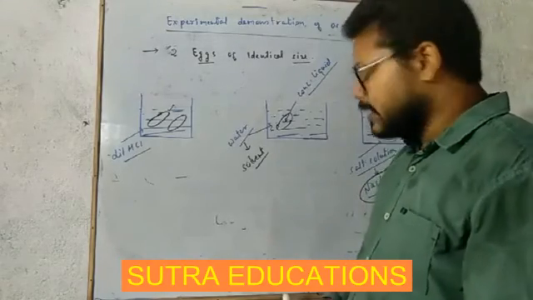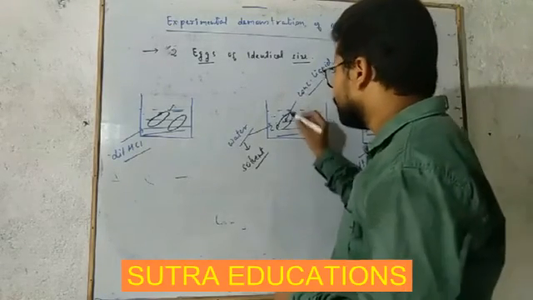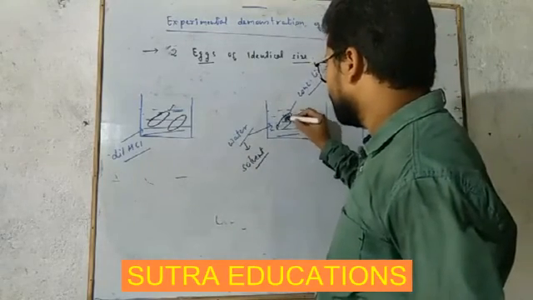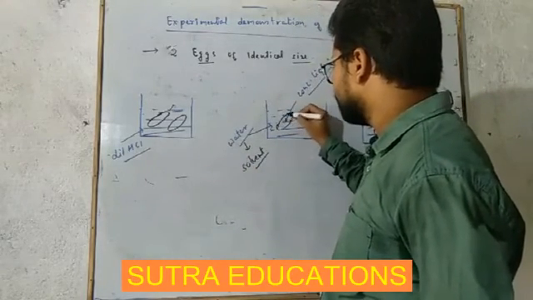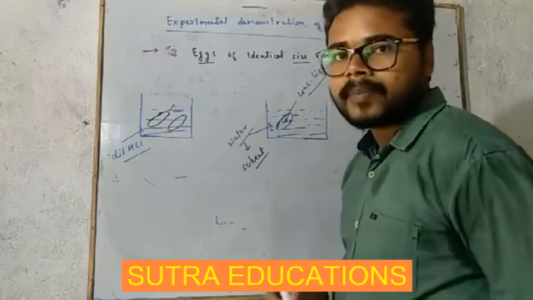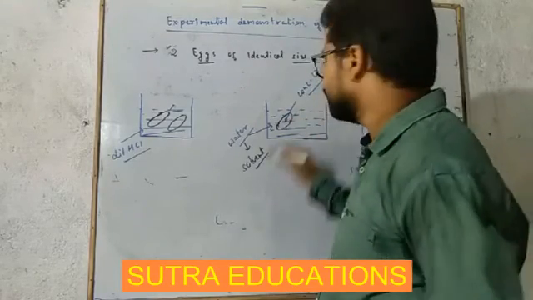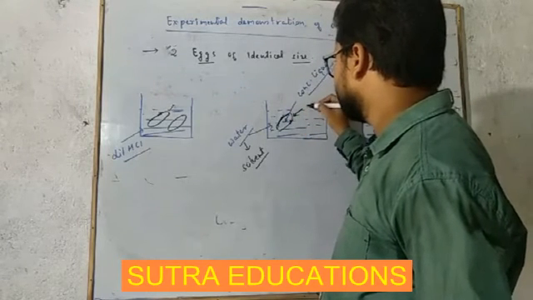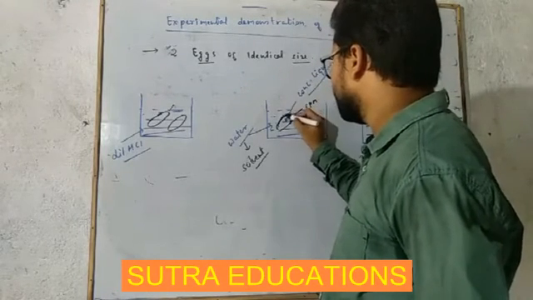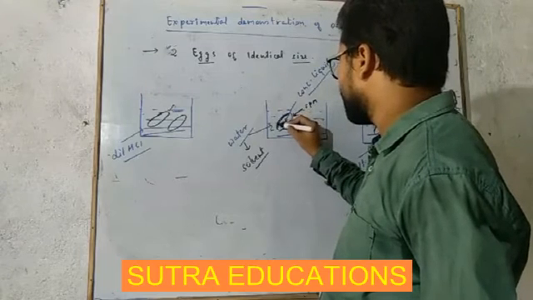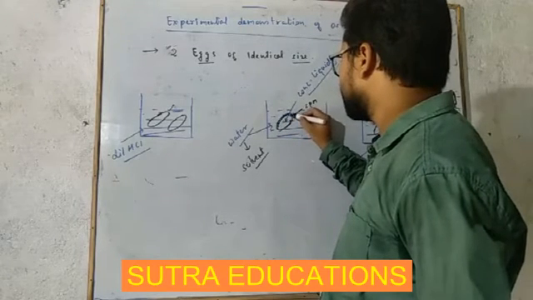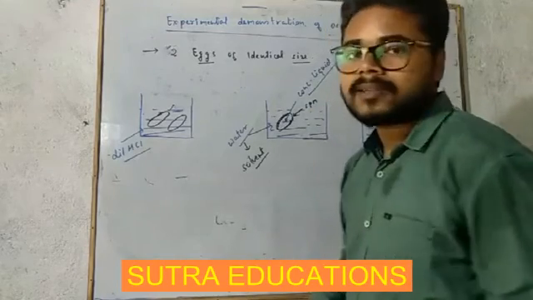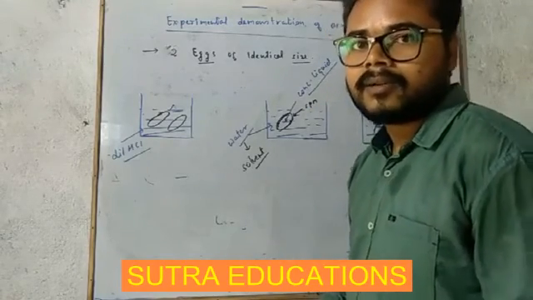So what will happen? Through the SPM, I told you that thin membrane above this egg works as SPM, a semi-permeable membrane. This thin film is acting as a semi-permeable membrane. So from lower concentration to higher concentration, there will be flow.